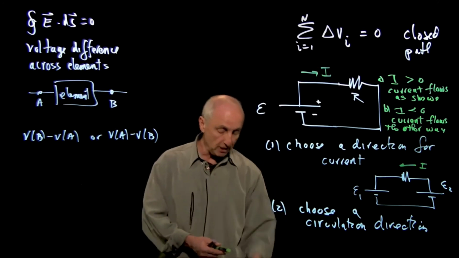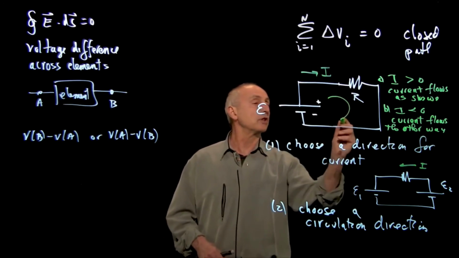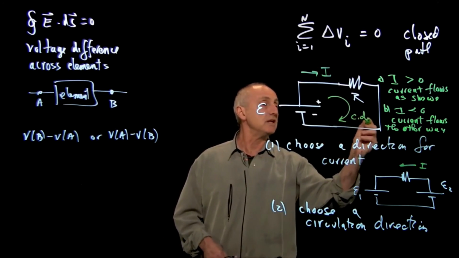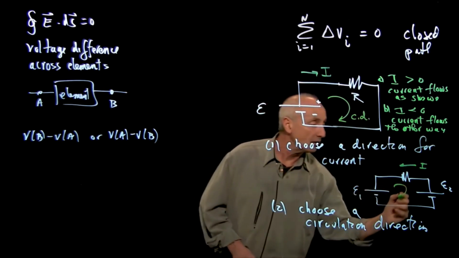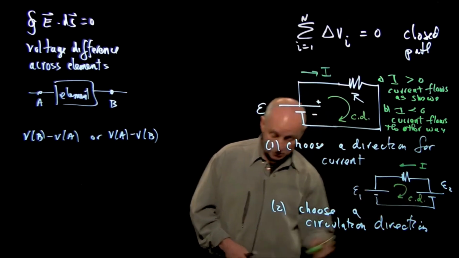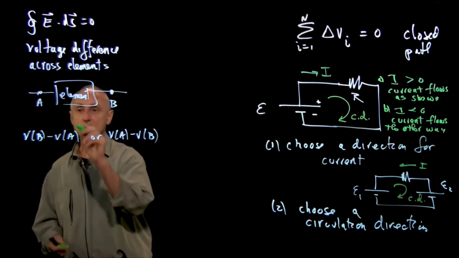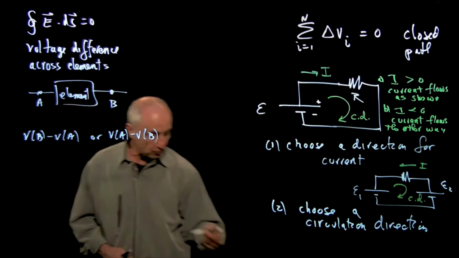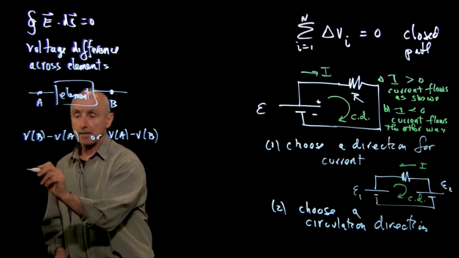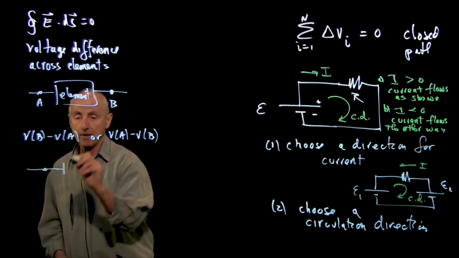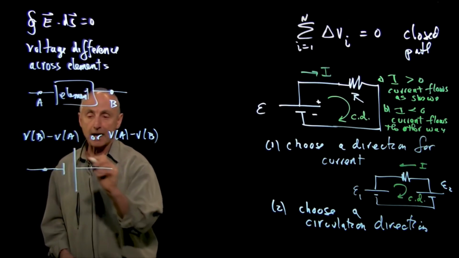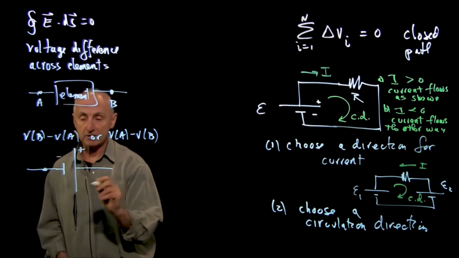So in this picture here, I'm going to choose a circulation direction. I'll write it as CD. Clockwise down here, for instance, that's a circulation direction. Now, when I choose a circulation direction, let's look at our element, which will now be a battery, plus, minus.